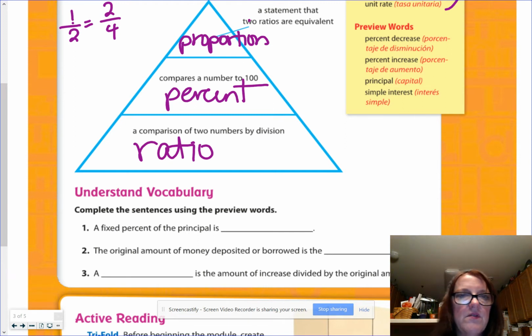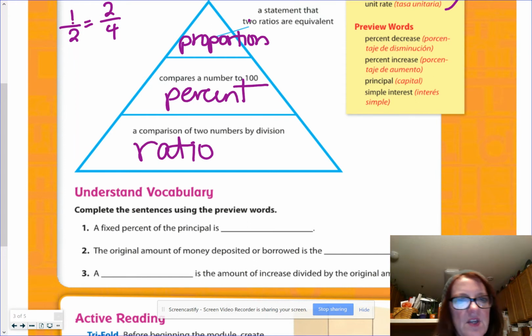The principal, which when we calculate interest on money or an investment, or maybe it's a loan and you're borrowing money, the principal is that first initial amount of money that you're starting with. Okay, so that's what principal means in this situation for money. And then it says a fixed percent of the principal.